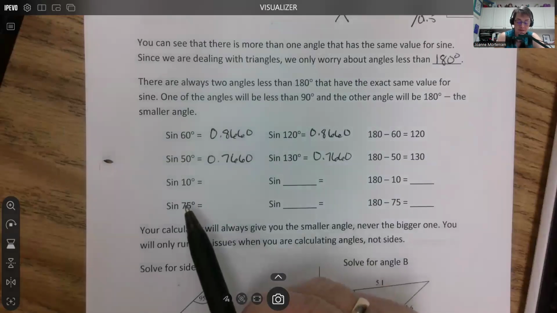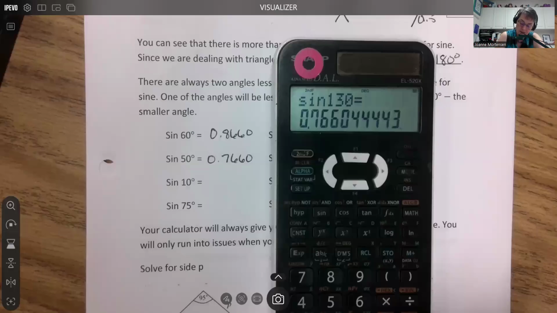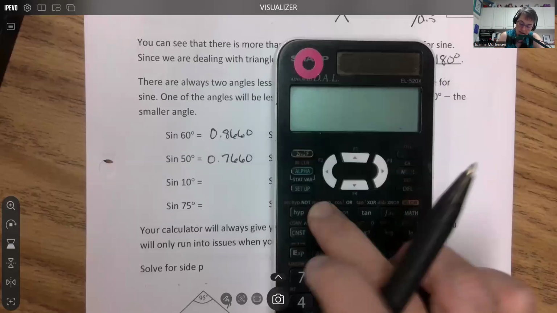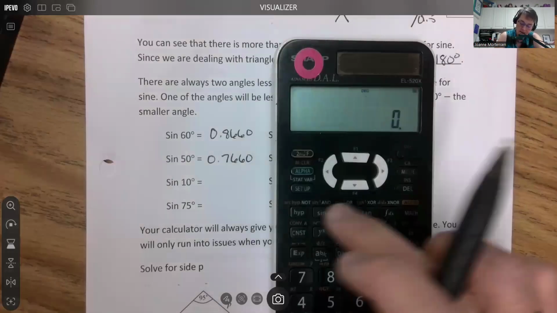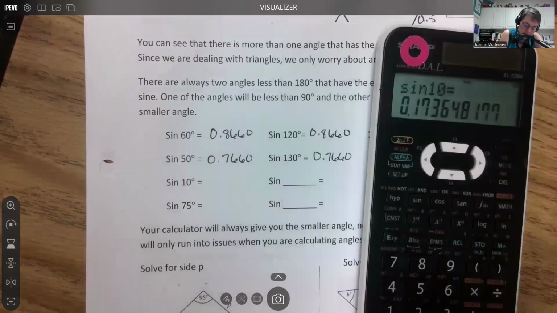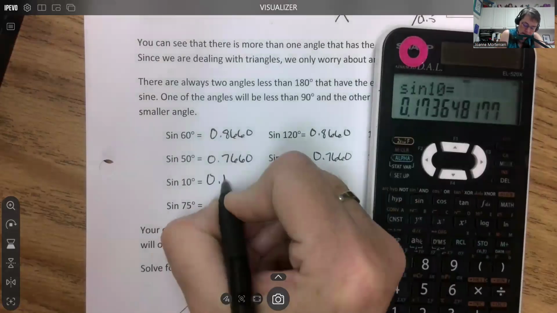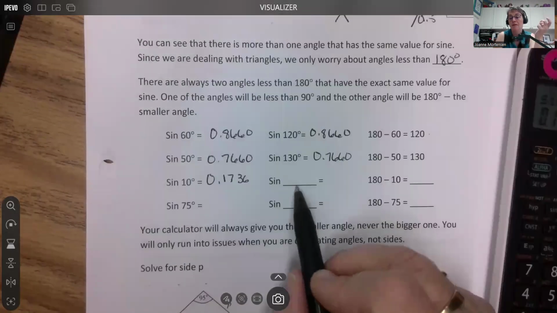To make sure we're good here, let's do the sine of 10 degrees. 0.1736. To get this other one, they're actually called reference angles.